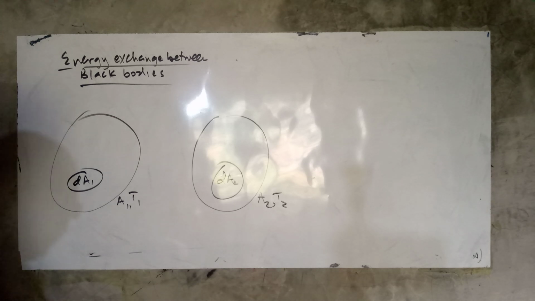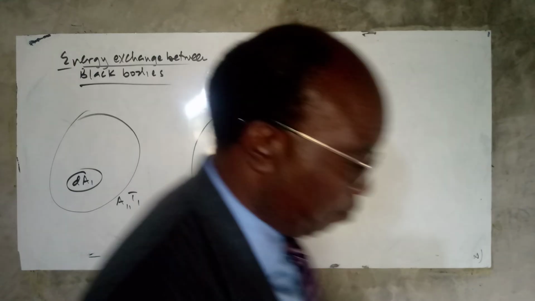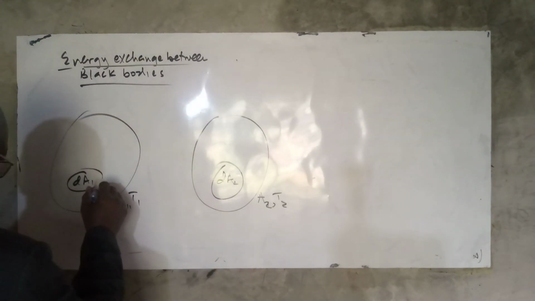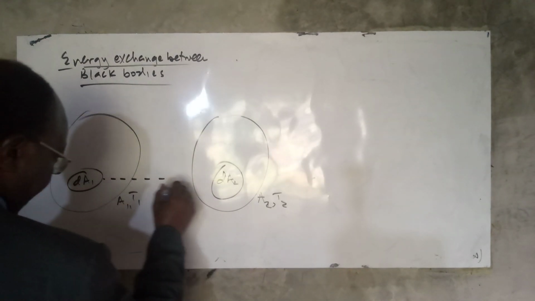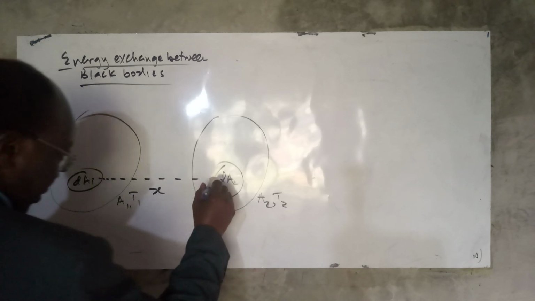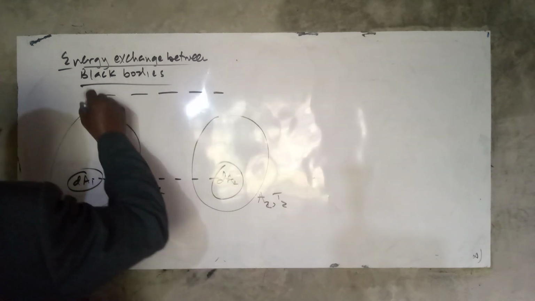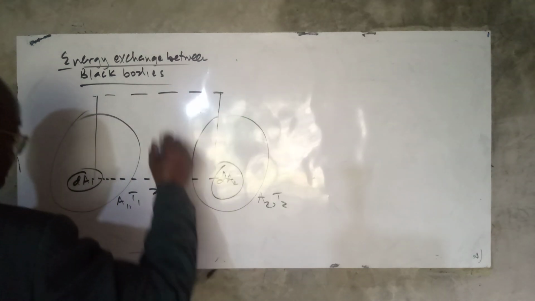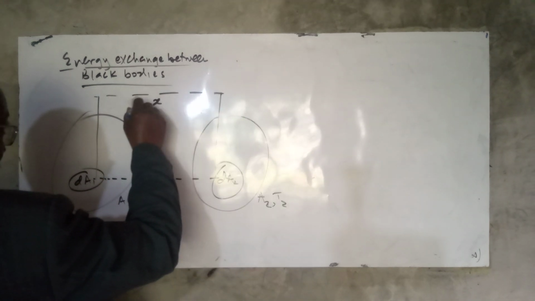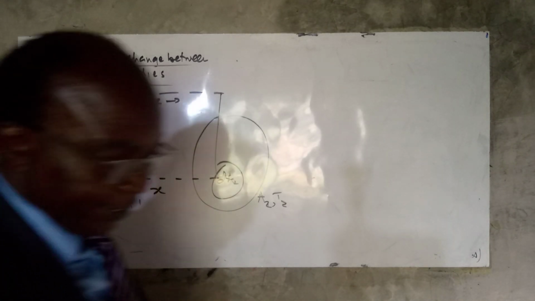And let us say that the distance between those two black bodies, or the elemental areas, is x. Let's call that distance x between those two black surfaces.